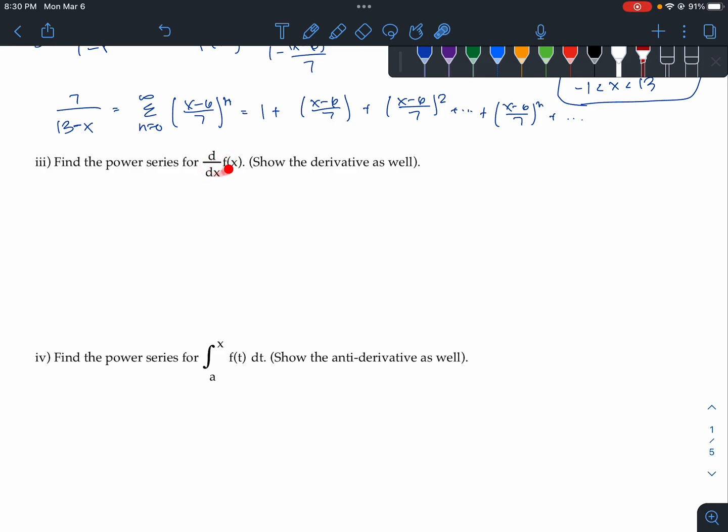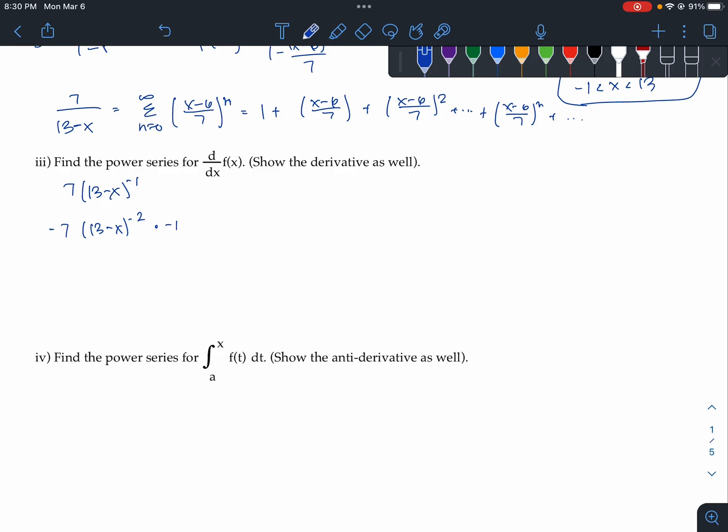And so find the power series for the derivative of f of x. So first of all, let's find what the derivative of f of x is. The derivative of this function right here: you have 7 times 13 minus x to the negative 1. So I'm going to have to drop this, so it's going to be negative 7, and then 13 minus x to the negative 2 multiplied by the derivative of the inside, which is negative 1.